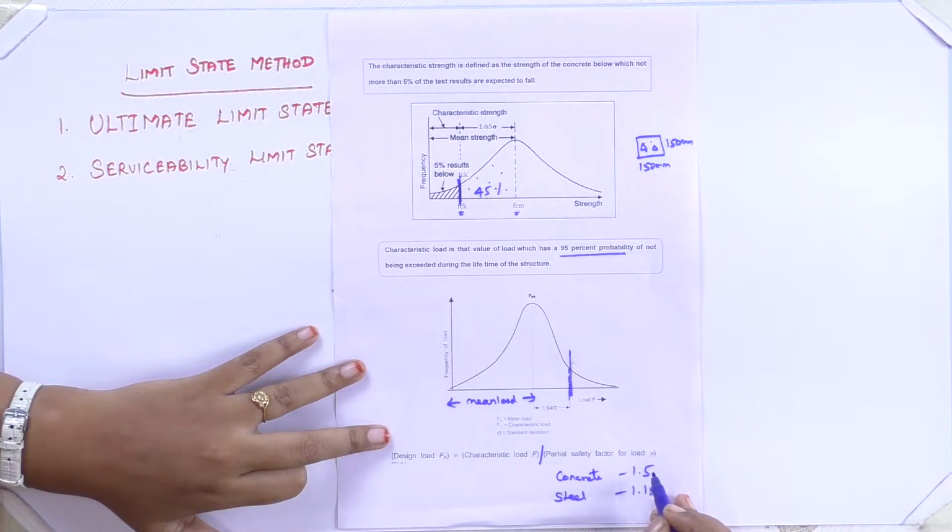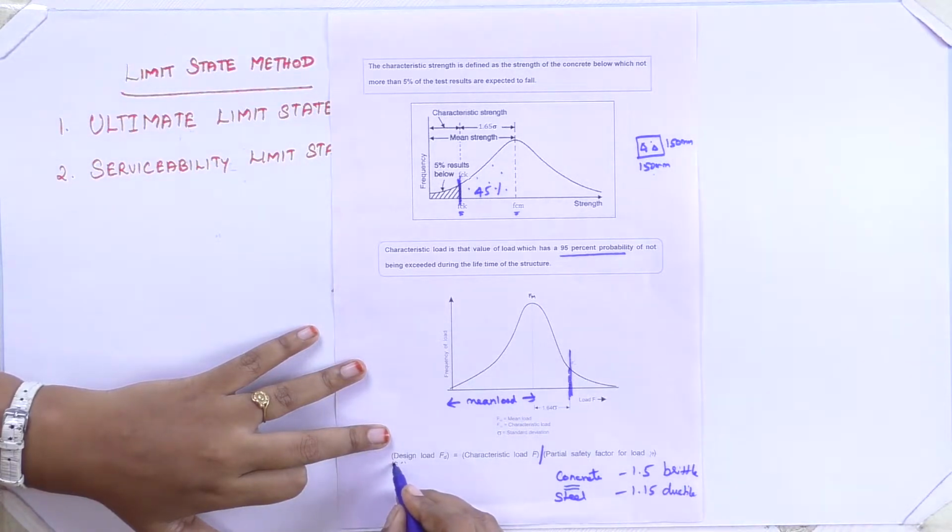That's why we are giving a heavier value, because we have some quality restrictions also. We don't do compaction properly, we don't do vibration properly. Due to lack of workmanship, we ensure more safety for concrete, because concrete fails in a brittle manner, whereas steel fails in a ductile manner.